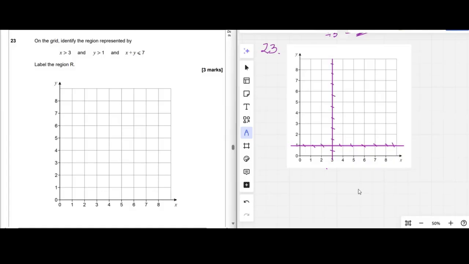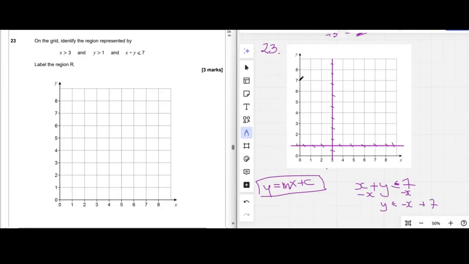And then x plus y less than 7, we need that transformed, I mean changed, make y as a subject, because the straight line is in this form and we want that form. So it will be negative x, let's put x at the front, and then plus 7, right? To move x, then negative x here and there. Okay, so negative 1x plus 7.